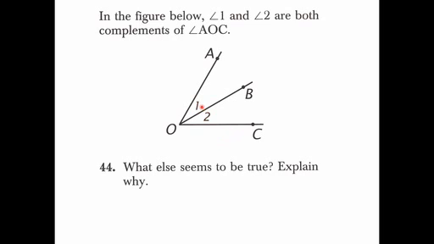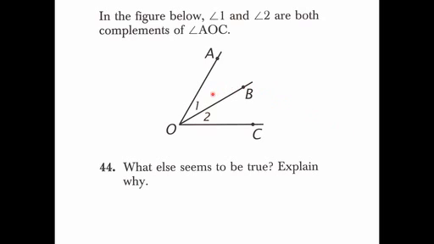New picture, we've got 1 and 2 are complements of AOC. That's interesting. Kind of points out something that's important, that two angles don't have to be touching or sharing any sides to be complementary. All that has to be true is that the measure of their angles is 90 degrees.